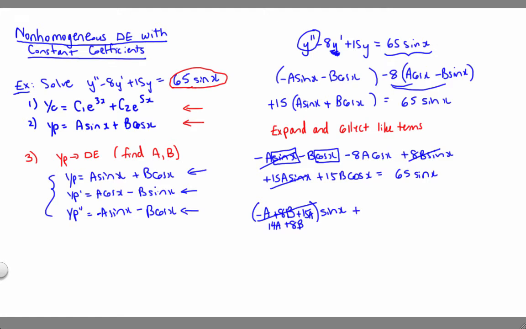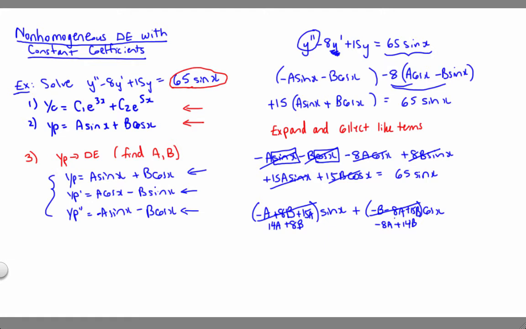So let's do the same thing with cos x. How many have we got? We've got minus b, we've got minus 8a, and we've got plus 15b. Okay, so if we wanted to simplify that, we could say minus 8a plus 14b is how many cos x terms we've got.